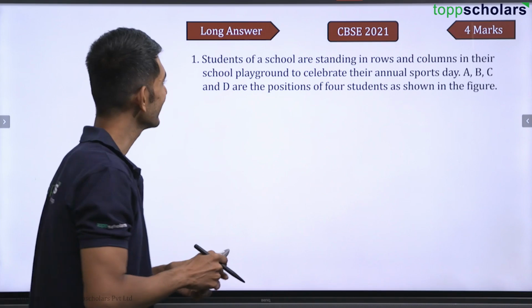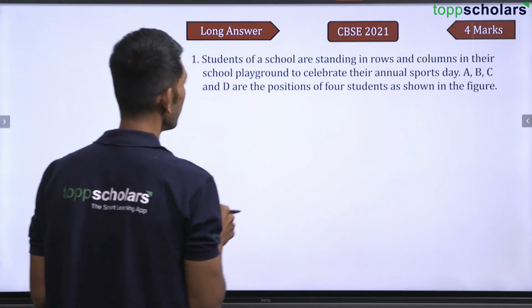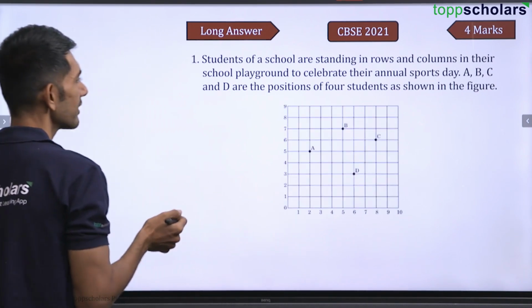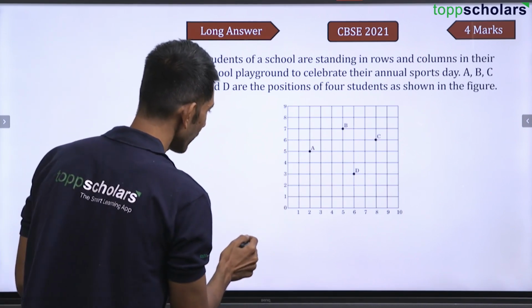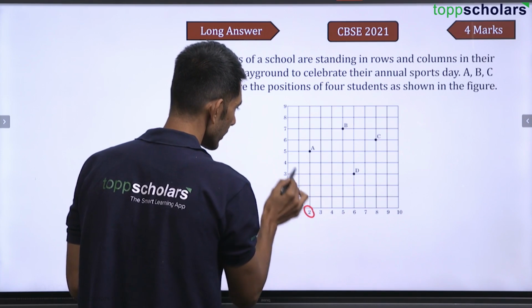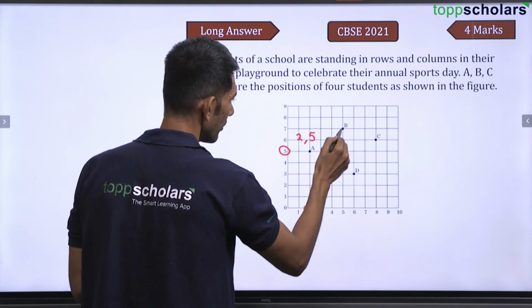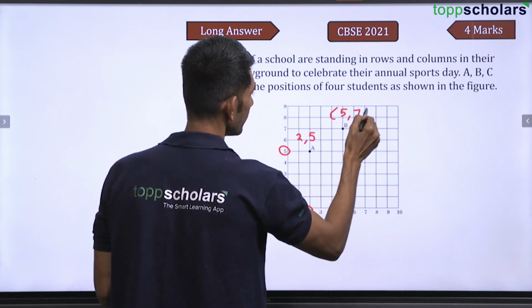So the next question says, students of a class are standing in rows and columns in their school playground to celebrate their annual sports day. A, B, C, D are the positions of 4 students. The position of A is 2, 5. Position of B is 5, 7.